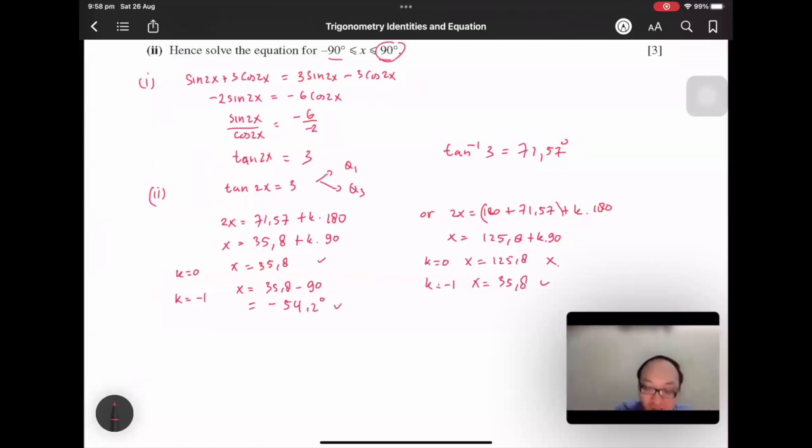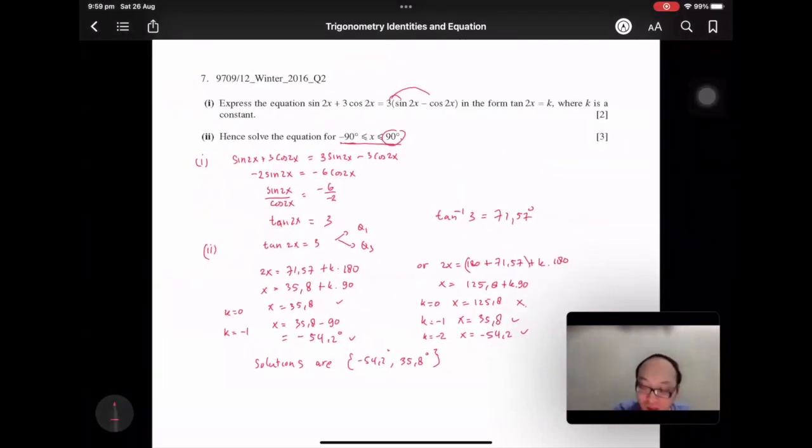So we take this because this is in the region between negative 90 and 90. If I put k equals negative 2 in here, I will get the same thing, so negative 54.2. So we take only two values. So the solutions are negative 54.2 and 35.8 degrees. Yeah, that's the solution for this in the given region.